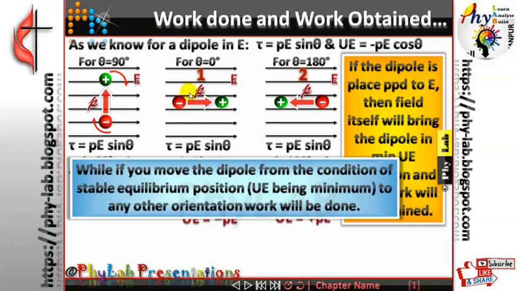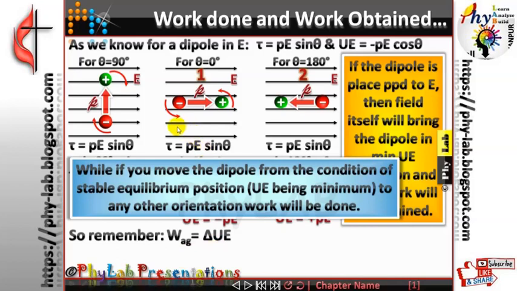So suppose from orientation 1 I rotate the dipole to any other orientation, then work must be done, and that work done will always be stored in the form of potential energy of the dipole. So work done by the agent is equal to the change in the potential energy of the system. So now you need to find out the change in the potential energy.